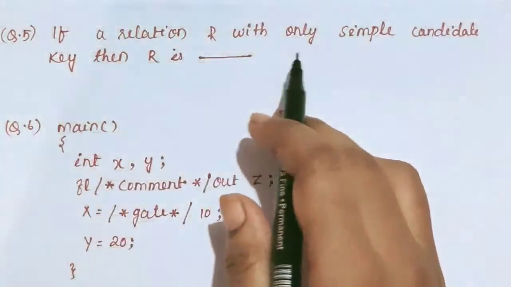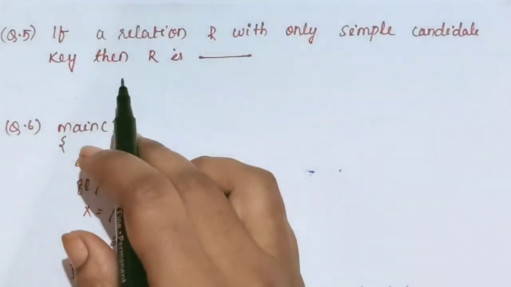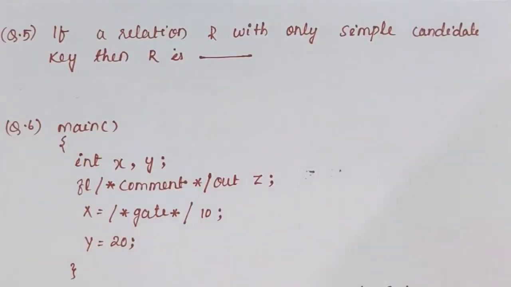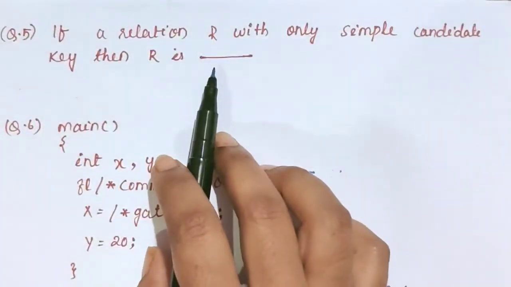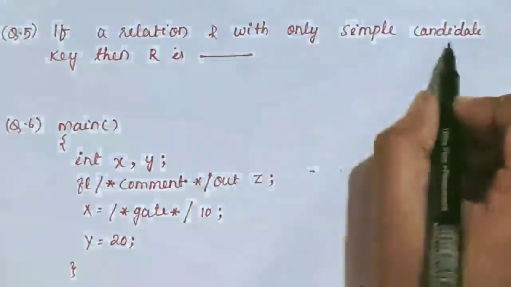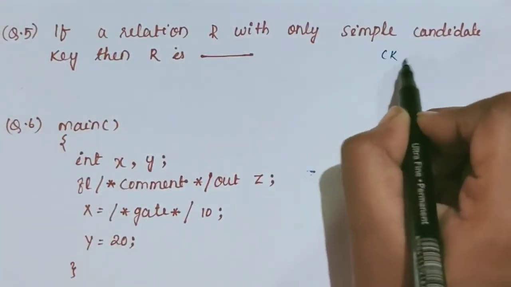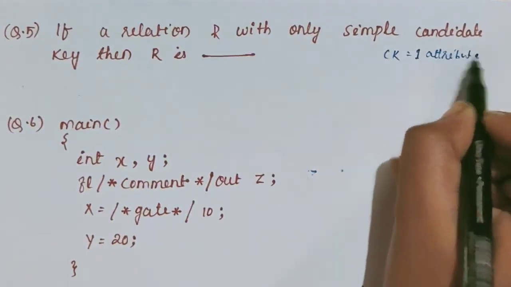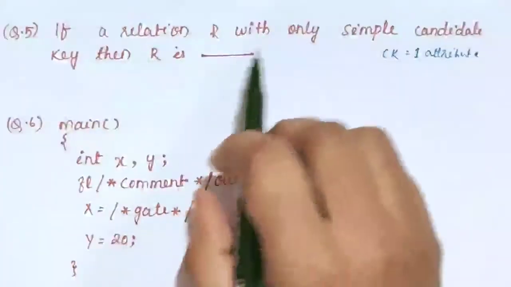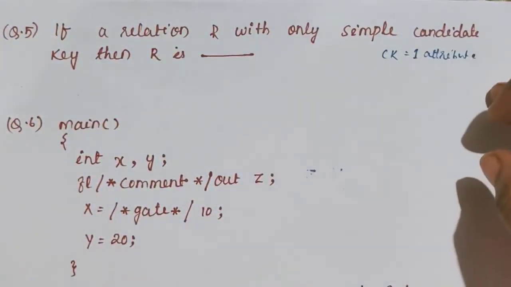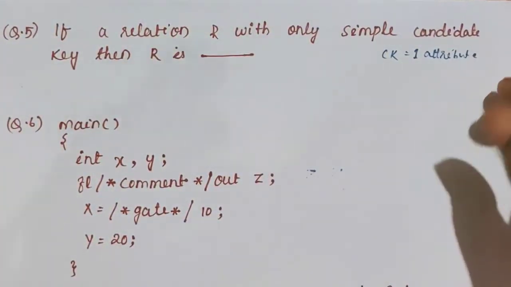Question number 5. If a relation R has only simple candidate keys, then R is always in 2NF but may not be in 3NF. It will always be in 2NF because the candidate key is always simple, meaning the candidate key will have only 1 attribute. Since it is 1 attribute, the second normal form requires that a proper subset should not have partial dependencies.